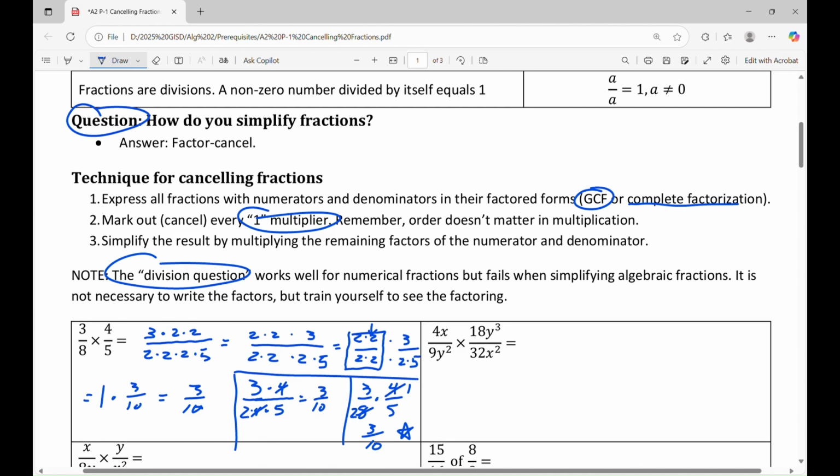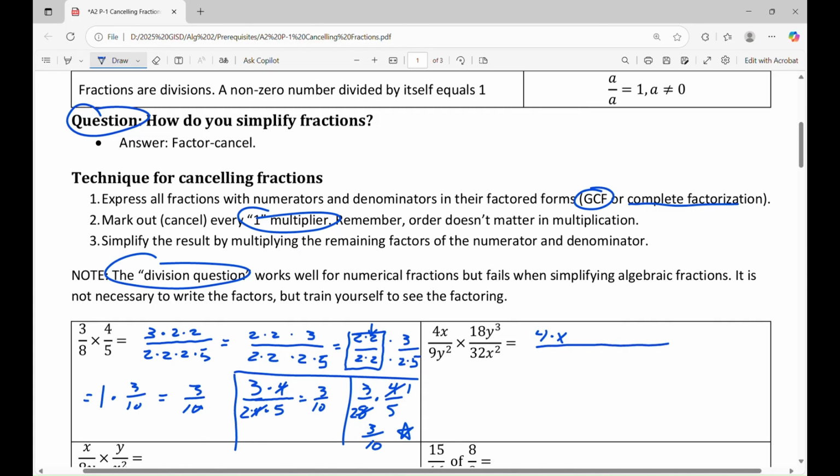But this time, I'm just going to call the 4x a 4x. But I am going to state the multiplication. That's a 4 times an x. And then I'm still going to put it all into one fraction right now.